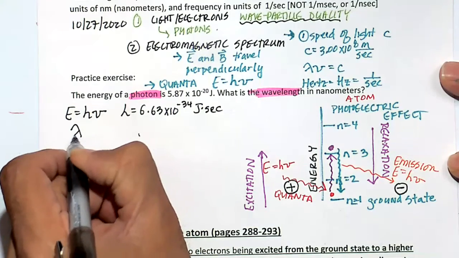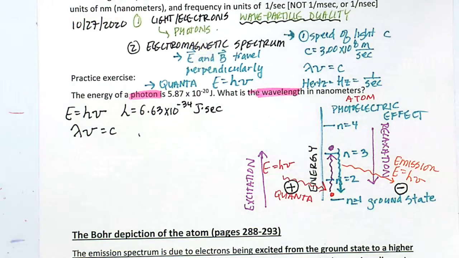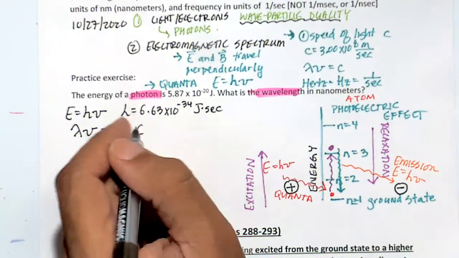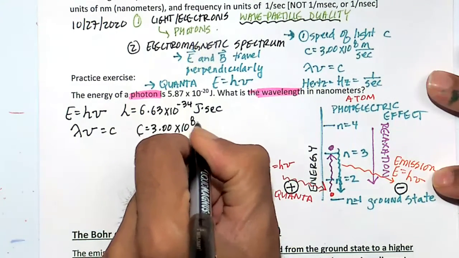These things travel at the speed of light: wavelength times frequency is equal to c. And c, I'll give you this on the test, is 3.00 times 10 to the 8 meters per second.